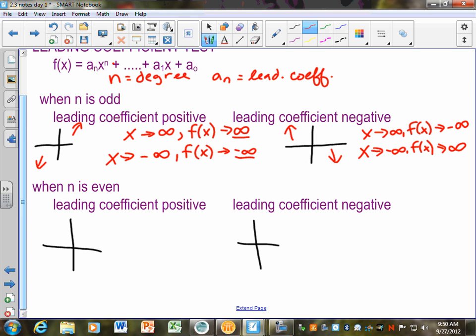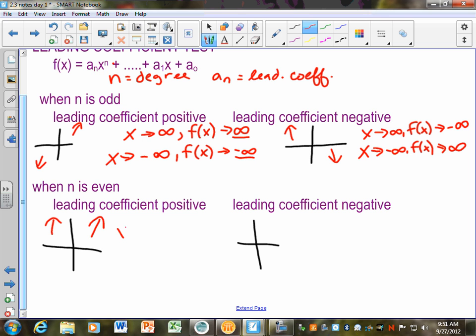And when the leading coefficient is positive, think about x squared. How do my arrows look when I have x squared? Both pointing up, which again I think makes sense. A positive leading coefficient, it makes sense that the end behavior, we don't know what's happening in the middle, but the end behavior, both arrows are going to point up.